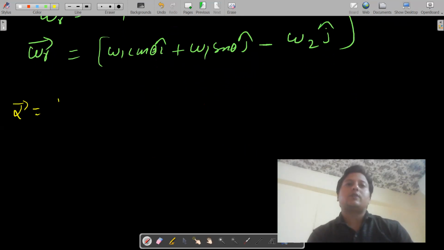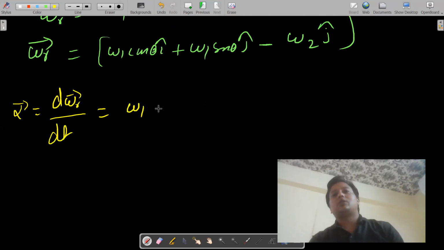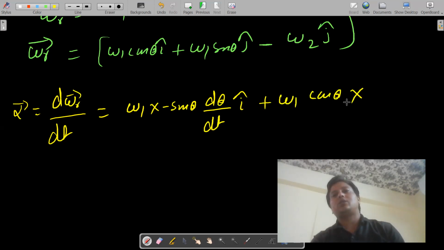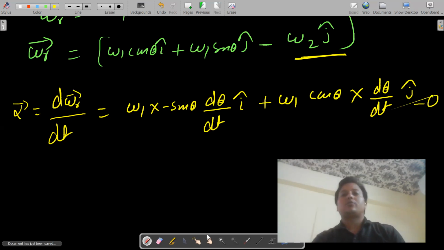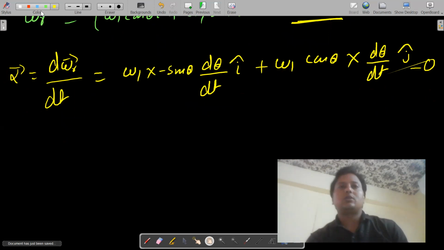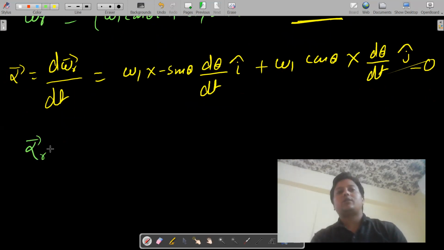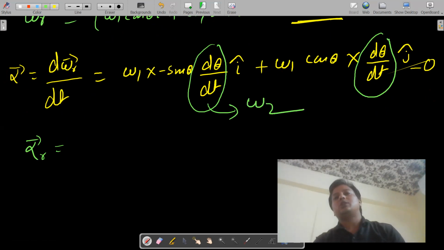For finding angular acceleration, alpha is d omega over dt. So differentiating omega 1 cos theta gives minus sin theta, and the differentiation of theta is d theta over dt, along i cap, plus omega 1, the differentiation of sin theta is cos theta, and d theta over dt, along j cap, and omega 2 j cap is a constant, so 0. So what comes out to be the resultant alpha? What is d theta by dt here? Theta is changing due to omega 2.